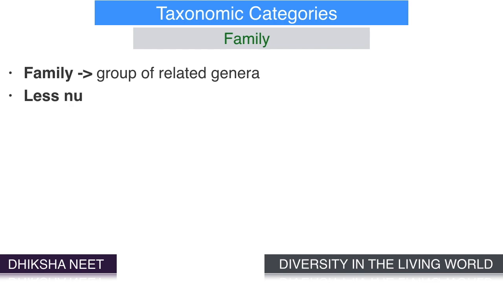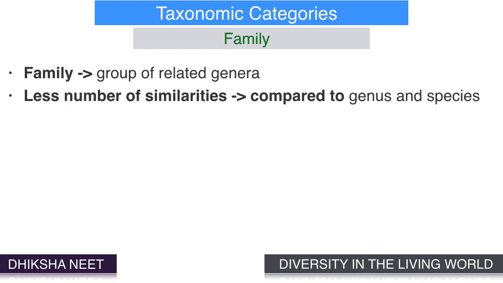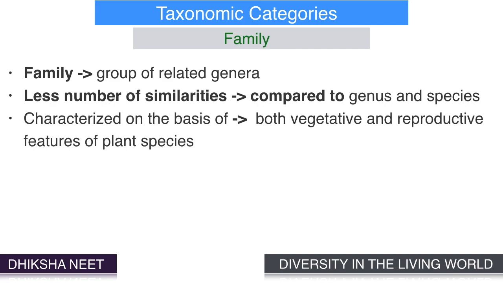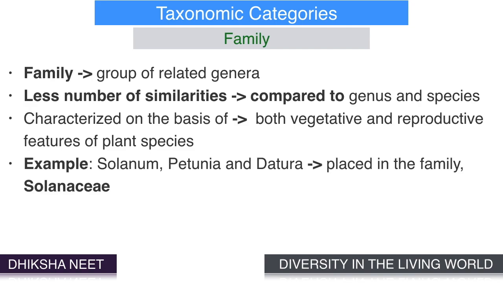Taxonomic category family. The next category, family, has a group of related genera, with still less number of similarities, as compared to genus and species. Families are characterized on the basis of both vegetative and reproductive features of plant species. Among plants, for example, 3 different genera, Solanum, Petunia and Datura, are placed in the family Solanaceae.